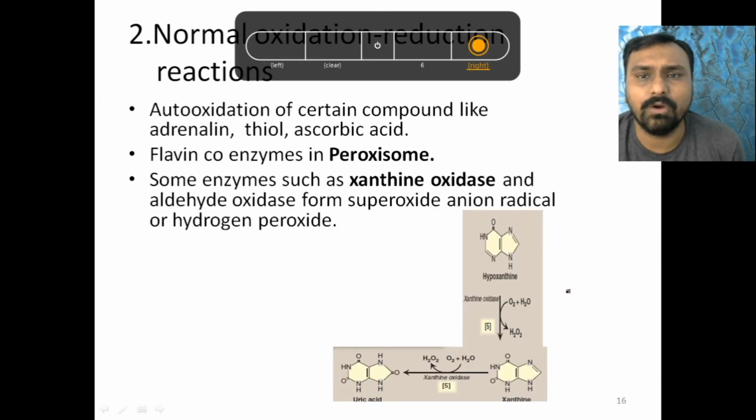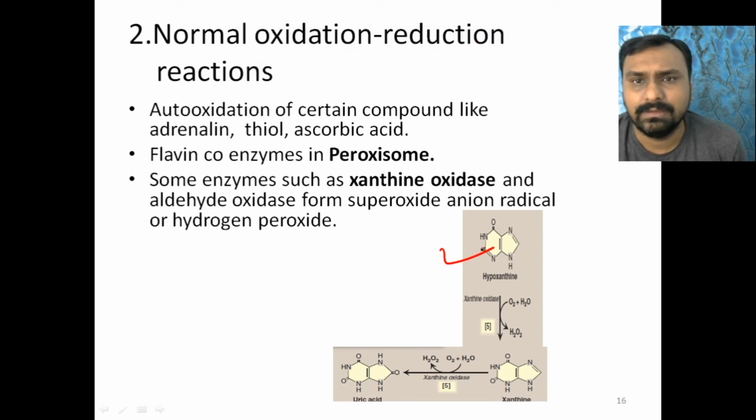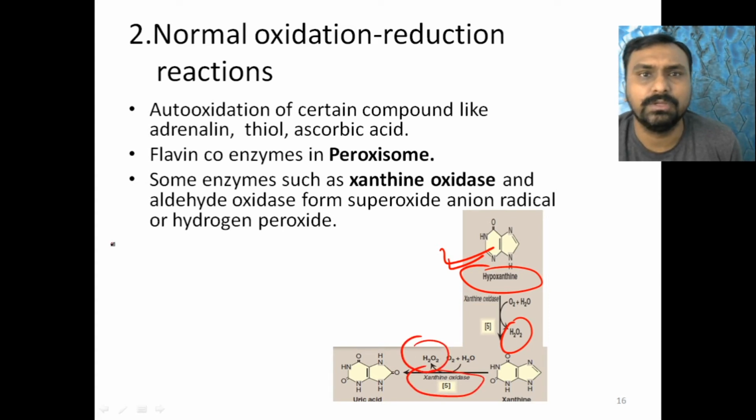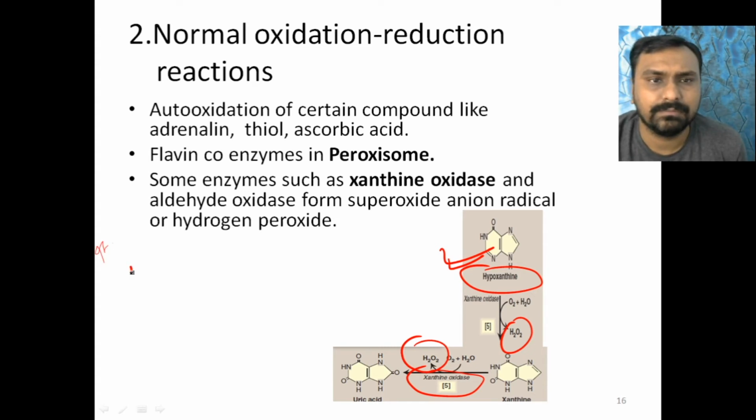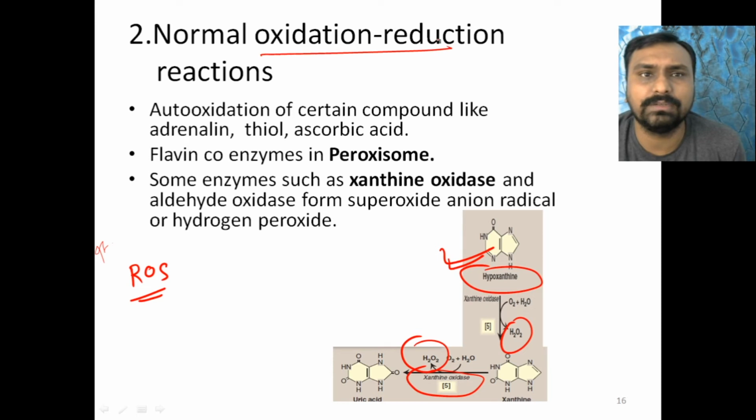Then during normal oxidation reduction, you can watch my video about purine metabolism. Hypoxanthine is converted to xanthine, and here H2O2 is produced. Xanthine is converted to uric acid by xanthine oxidase, and again H2O2 is produced. So reactive oxygen species are produced during normal oxidation reduction reactions.